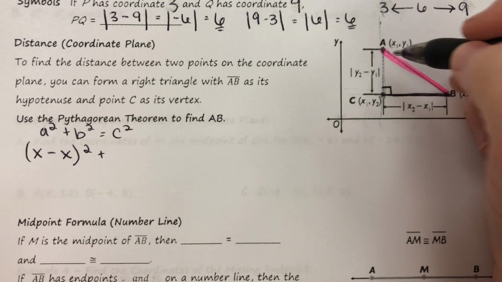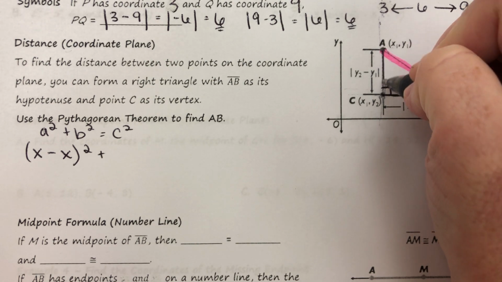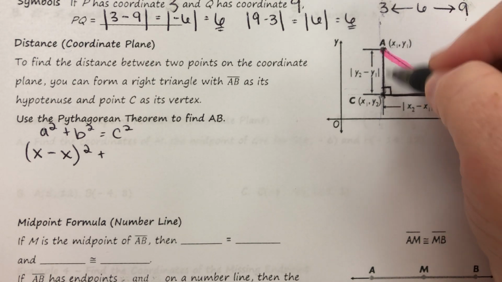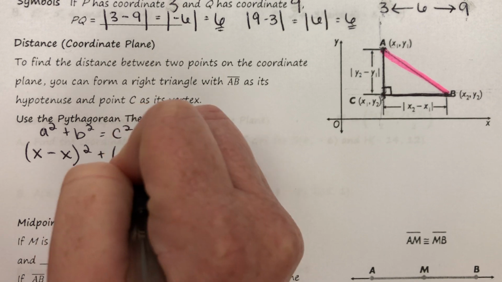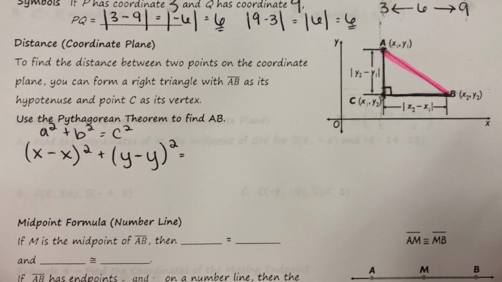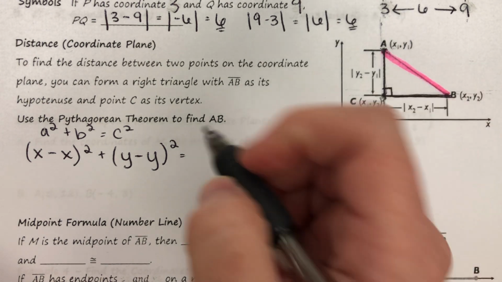plus b squared. b is this side of my triangle, this guy. So I don't know the length of b, but I know the distance between these two points on my y-axis is just one y value minus the other y value. So y minus y, squared. And that's going to equal the length of this side of my triangle squared.